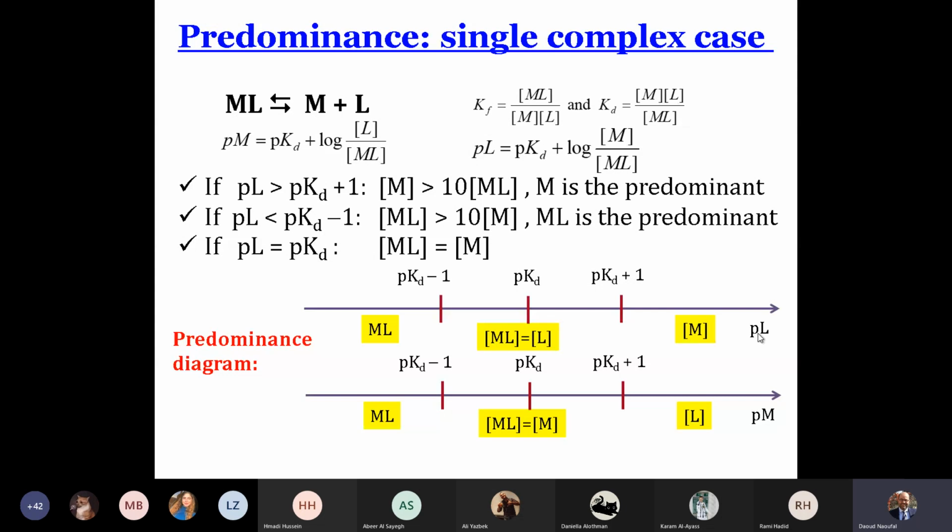Okay, this is on the scale of pL, the M predominates. What is M? M is the acceptor. In case of the acid-base, when pH is greater than pKa plus 1, the base predominates, which is the acceptor. So look, we have the same analogy with the acid-base.